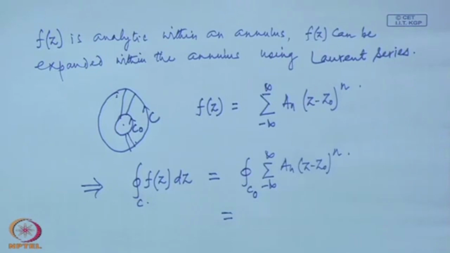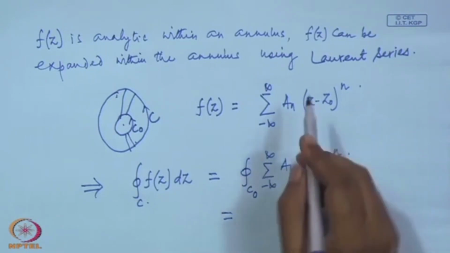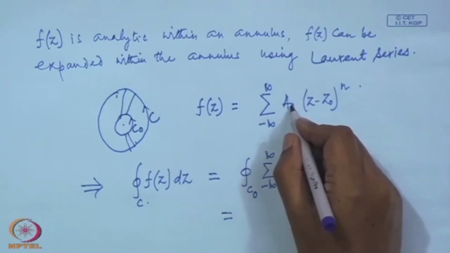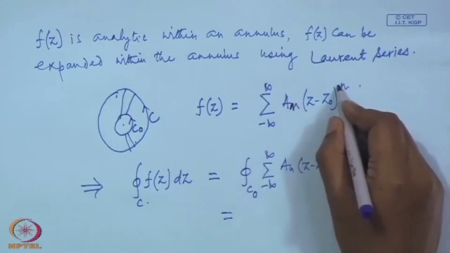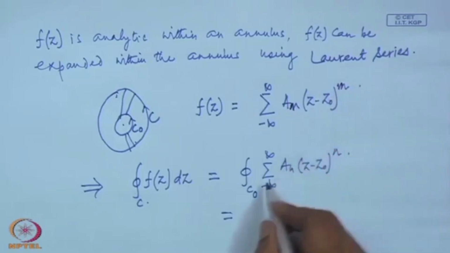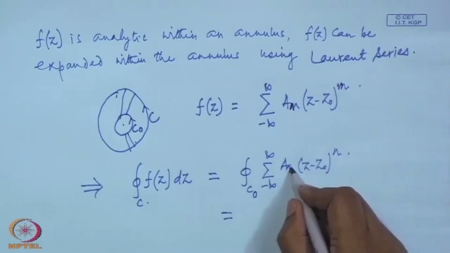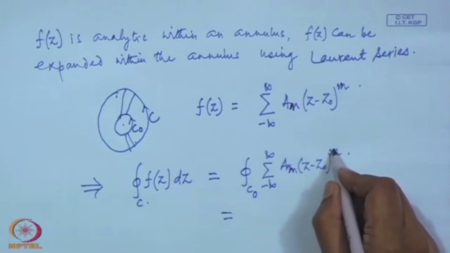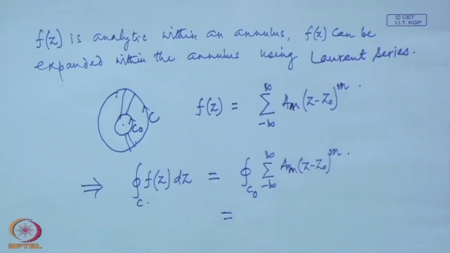Just to make a difference, let us make it m, because earlier we used n as the number of singularities.